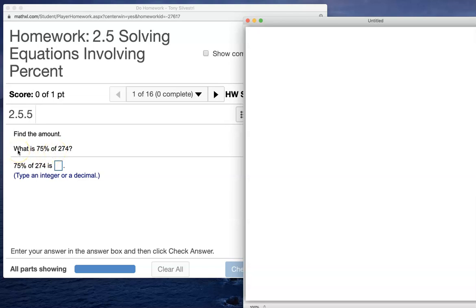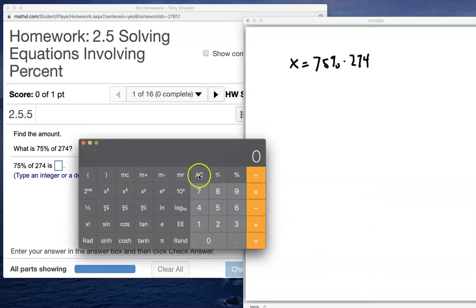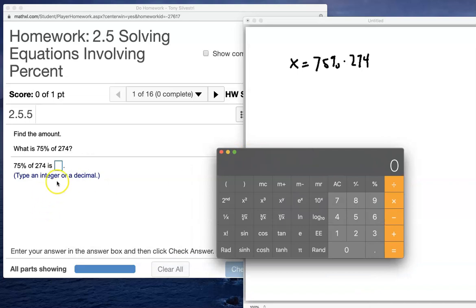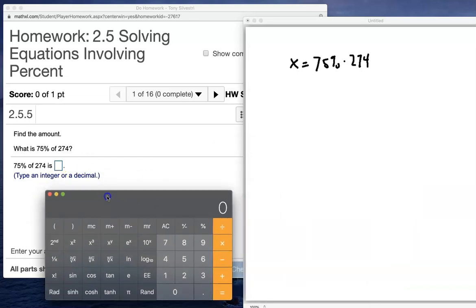What is, call it x. So what is 75% of, multiply, 274? And I might have to break open the calculator now, because they're talking about decimals, so I'll have this calculator at the ready.